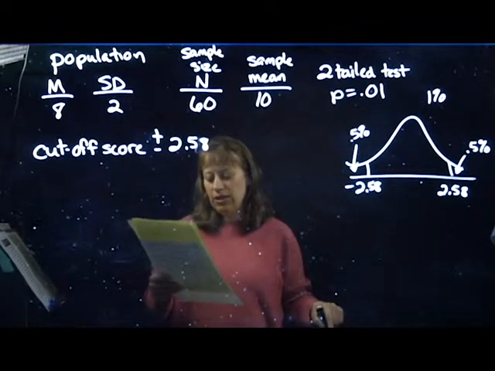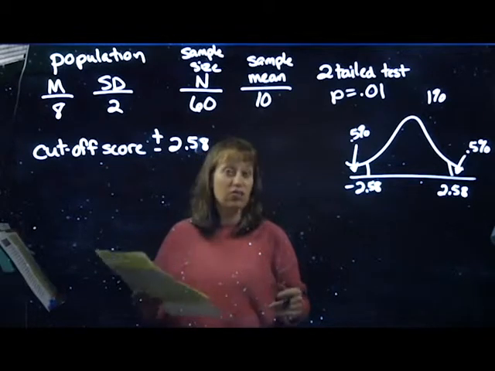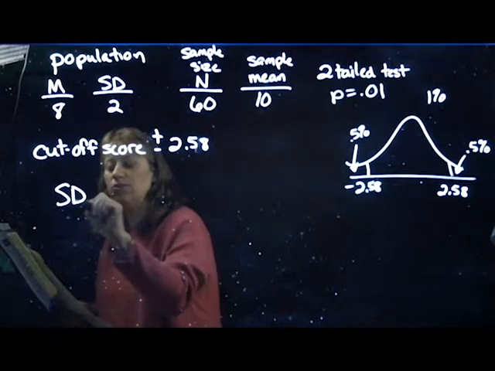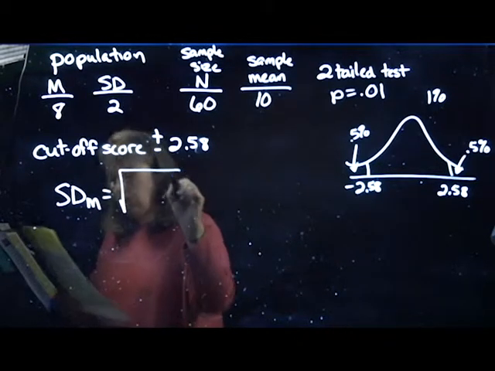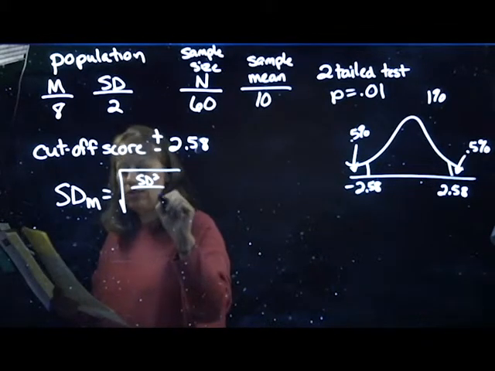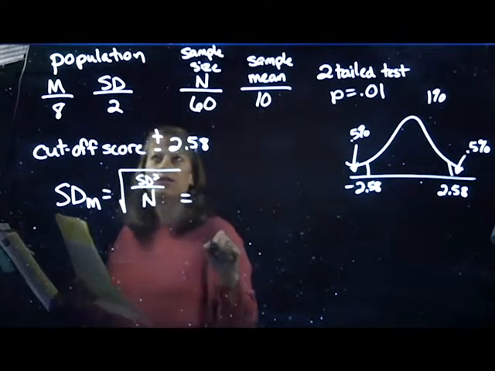Now we have to find the standard deviation of the distribution of means. The standard deviation of the distribution of means is SDM, and SDM is equal to the square root of the variance divided by the size of the sample.